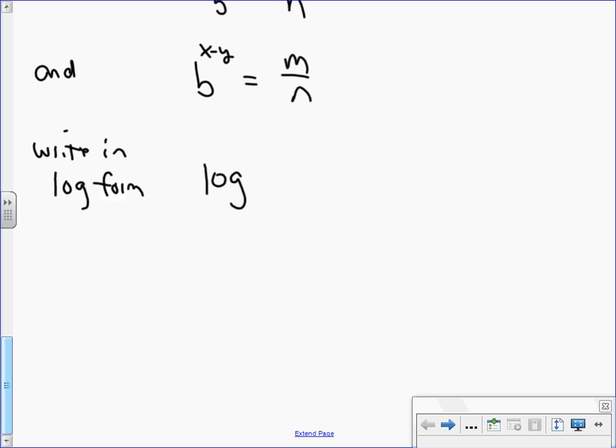Log base b of m over n is equal to x minus y. Okay. Now I'm about to ask you a question, and it's run off my screen, so you can't see it. You're going to have to look at the top of the problem on your own paper. What does x equal?